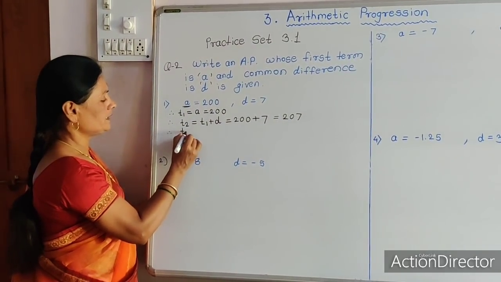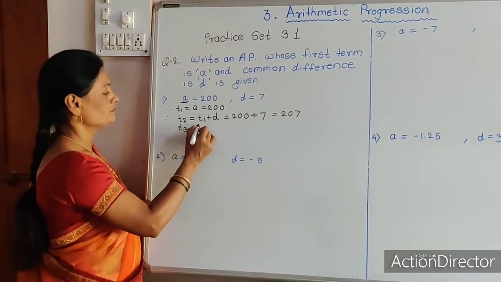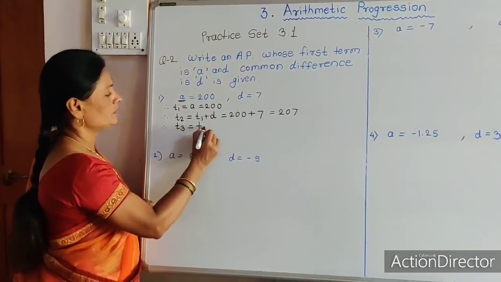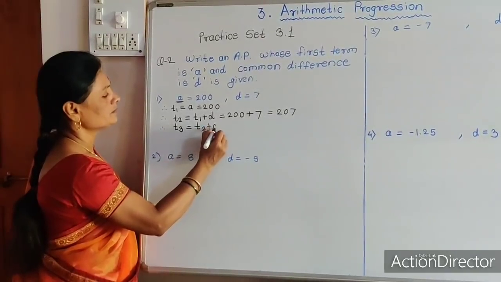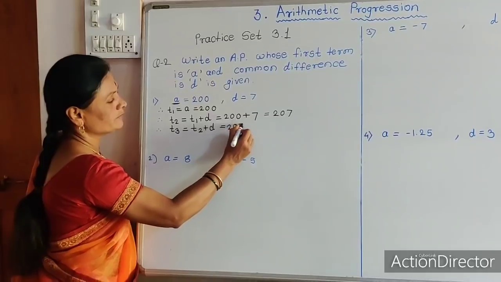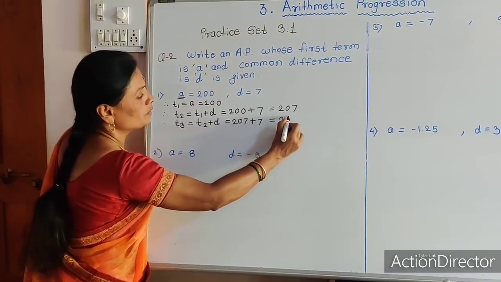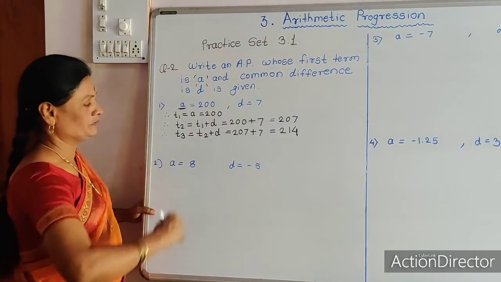Therefore, T3 is equal to T2 plus D. T2 is 207 plus 7 is equal to 214.